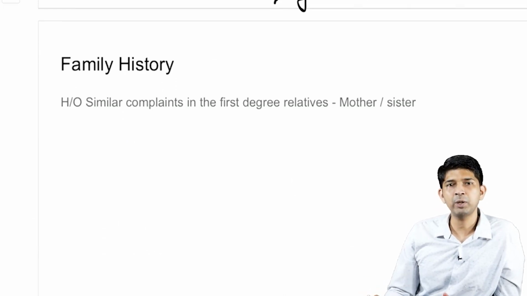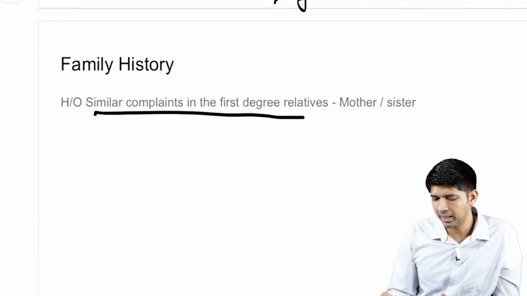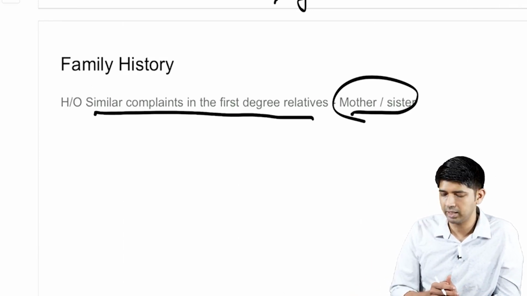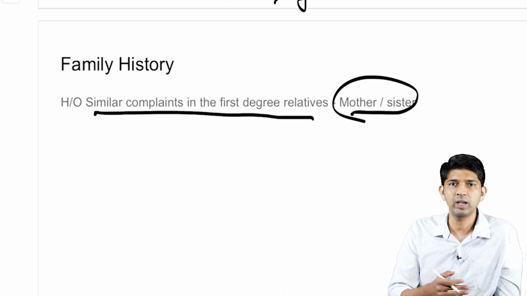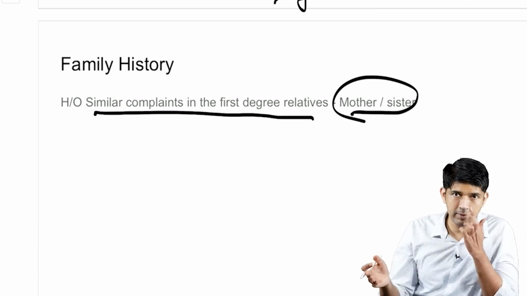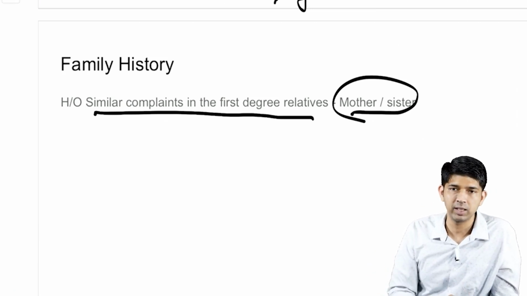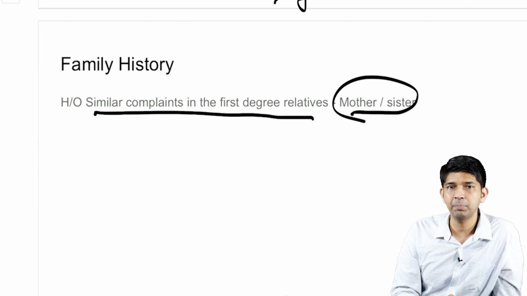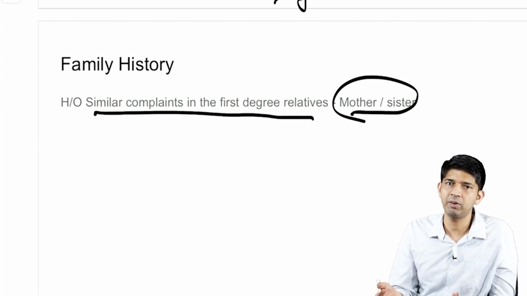Now with respect to family history, you're going to ask for similar complaints in the first degree relatives, that is either the mother or the sister. These are the first degree relatives. Then you can also ask for second degree relatives, that is their aunts or their cousins. If any one of them has CA breast, then you need to investigate further. Now, does it have a bearing on this particular patient? No, because she's already developed cancer now.